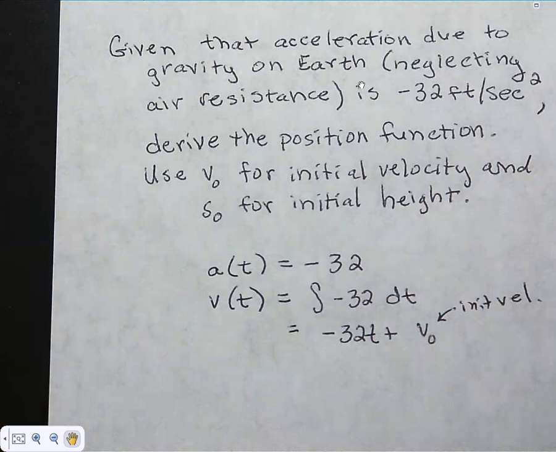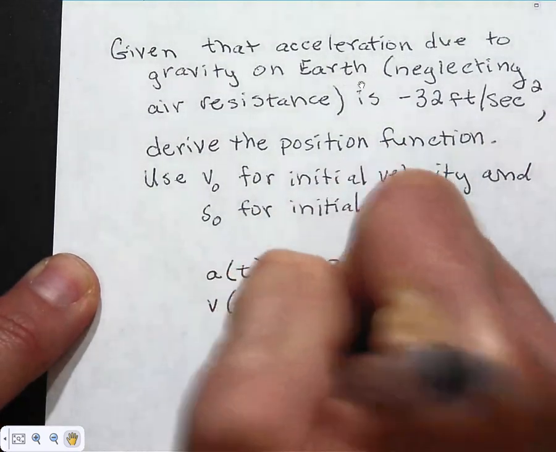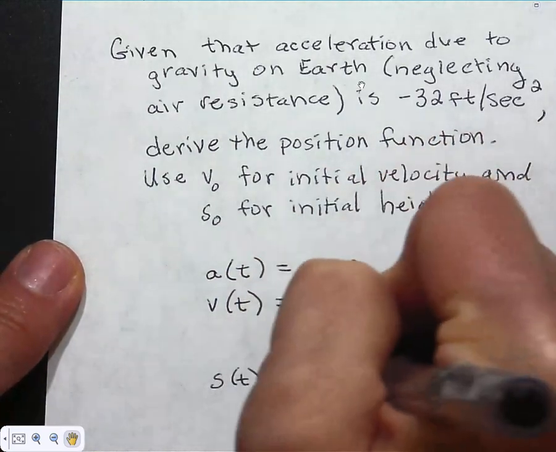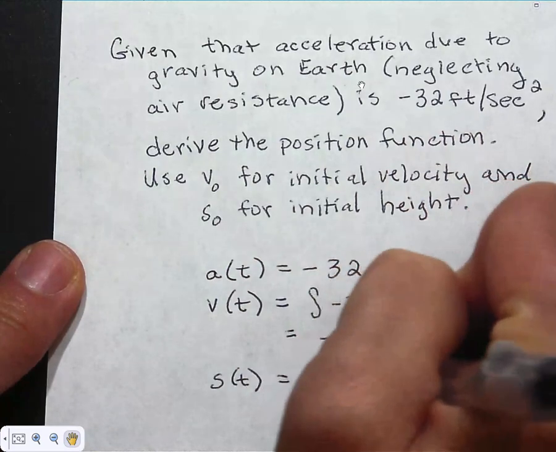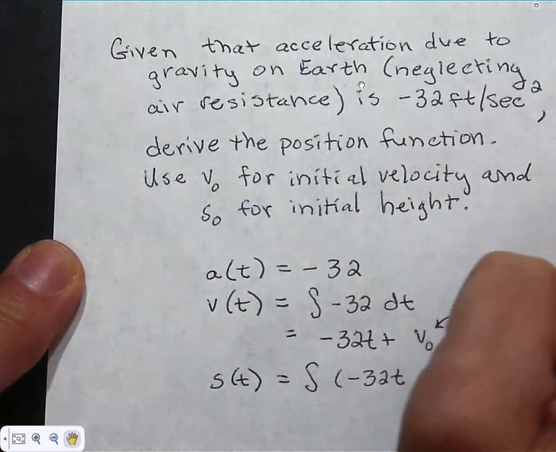All right, if we have the velocity function, how could we get the position function? Anti-differentiate again. So the position function would be the antiderivative of -32t plus the initial velocity with respect to t.